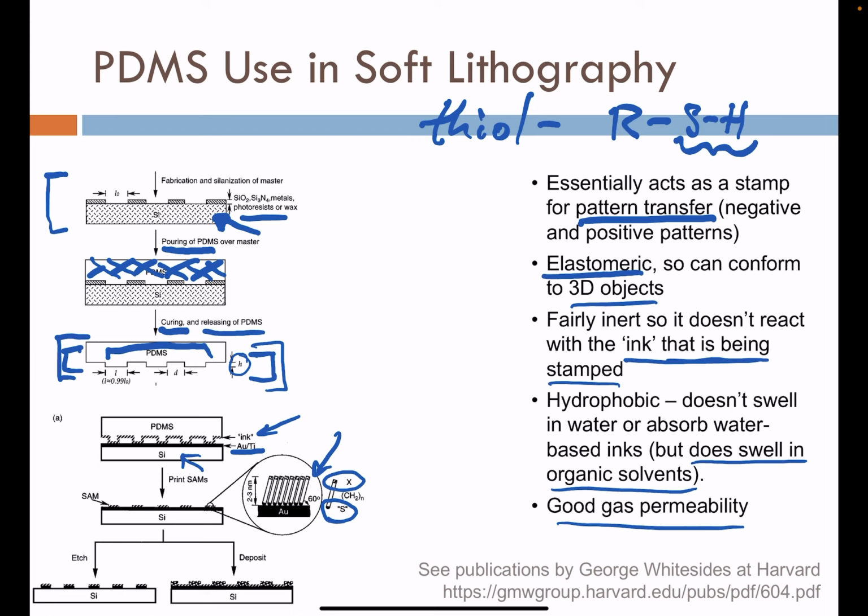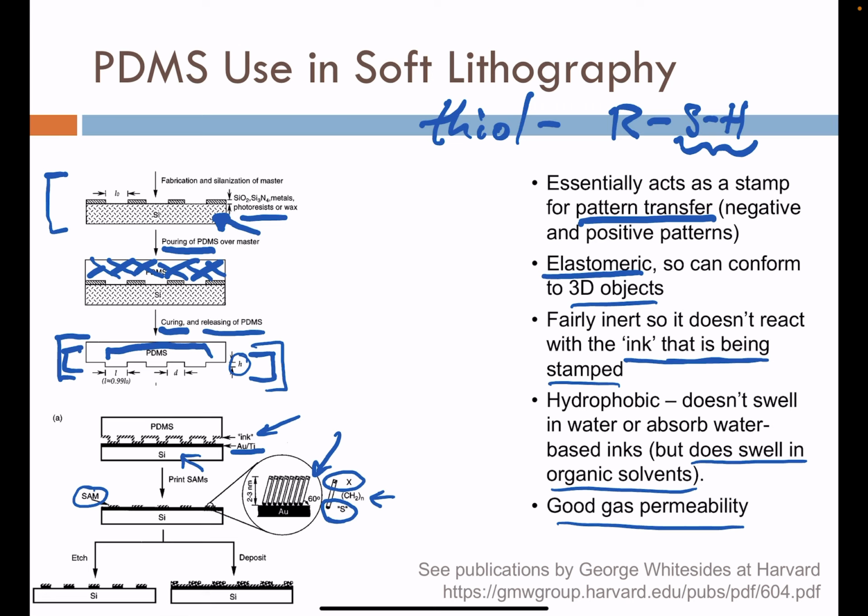So this inking of the PDMS and transfer of those molecular species to the surface transfers a self-assembled monolayer where these molecules, if in the form of a linear alkane chain, pack into a tilted array of those molecules called a self-assembled monolayer.